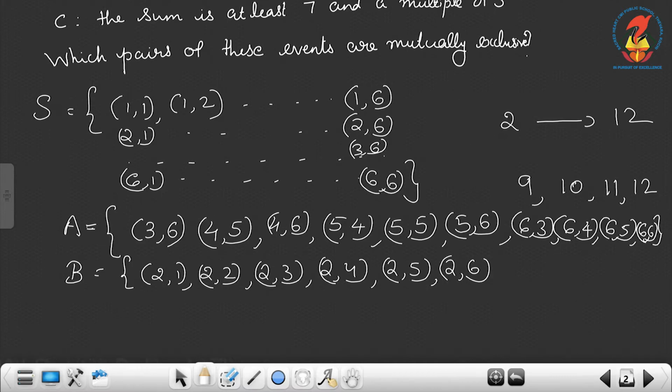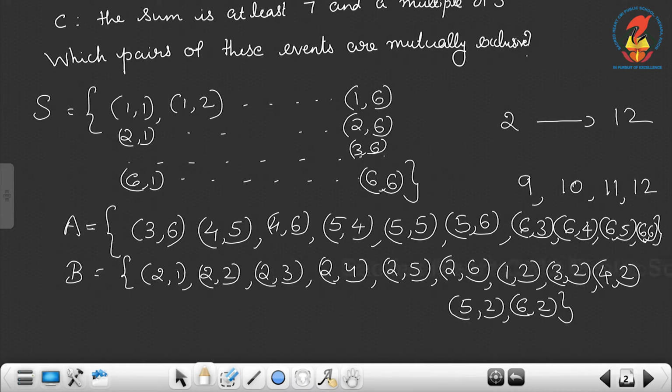Here 2 is in the first place and here 2, 2 means both the places. Now 2 in the second place, that is 1, 2 we can write, 2, 2 already there, then 3, 2, 4, 2, 5, 2 and 6, 2. So that is B.